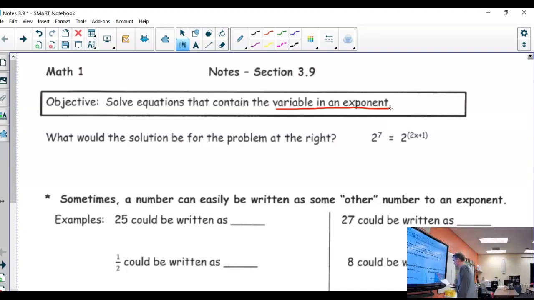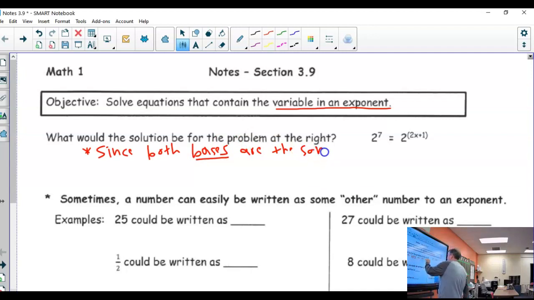All right, so what you should notice here is that since both bases are the same, right? The base is the thing under the exponent, and in this case, both bases are 2's.